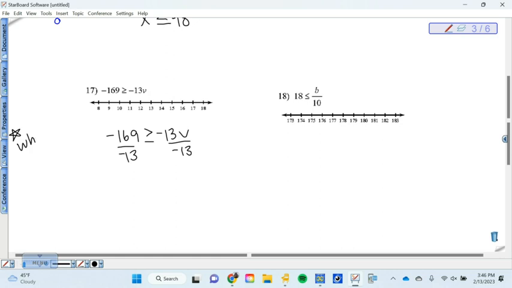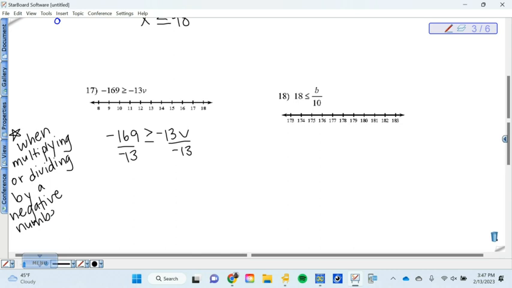You should write this down: when multiplying or dividing by a negative number, we need to flip the inequality.